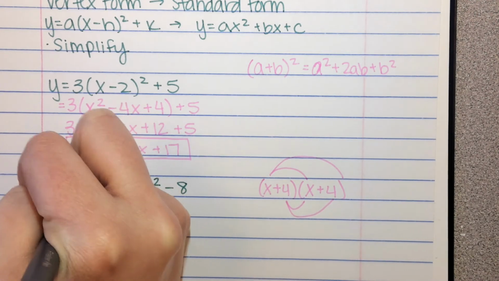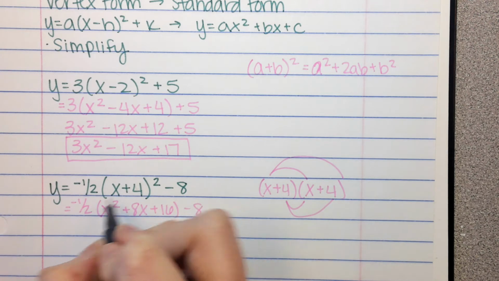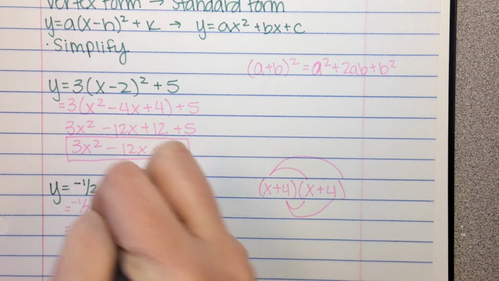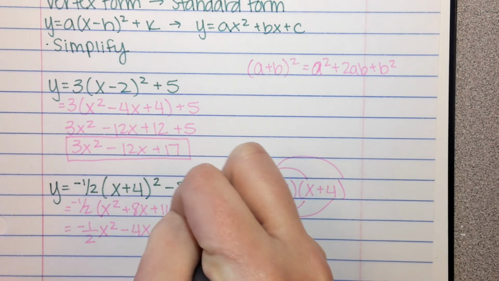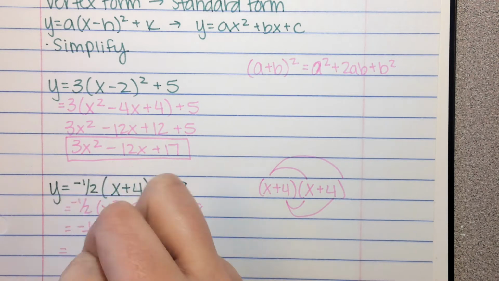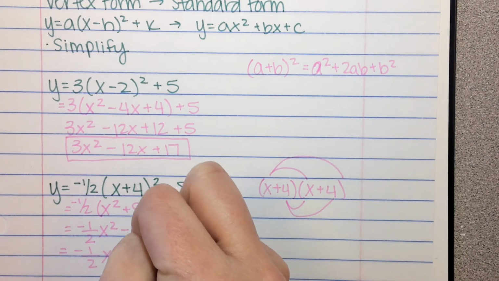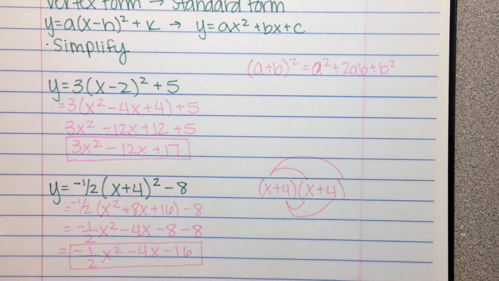We have negative 1/2 on the outside, and minus 8. So we're going to distribute that negative 1/2. So that's negative 1/2 x squared minus 4x minus 8, and then minus another 8. And that gives us negative 1/2 x squared minus 4x minus 16. And there's your standard form.